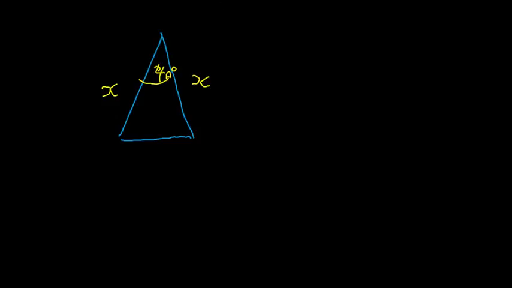If I knew that the isosceles triangle had an area of 100, right? If I knew that the entire thing was 100 centimeters squared, then what would x have to be?